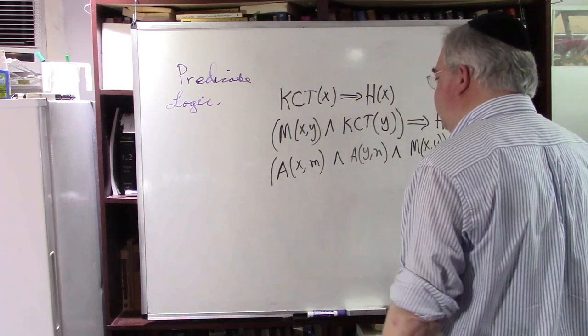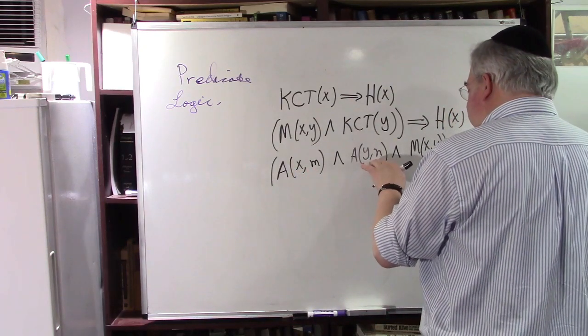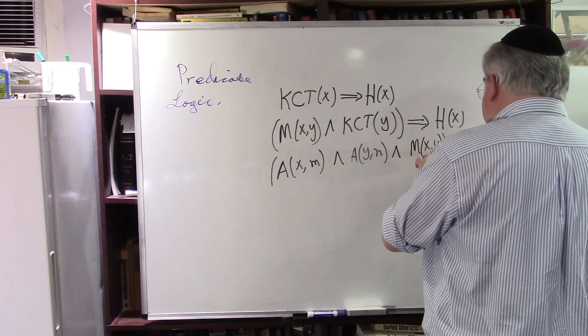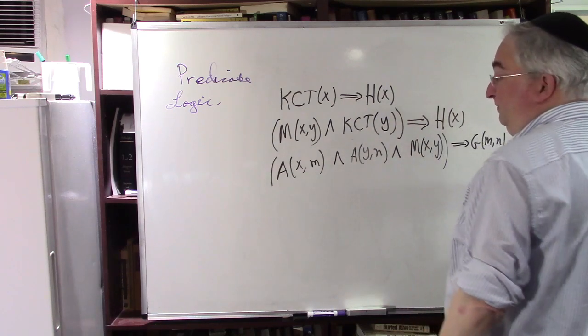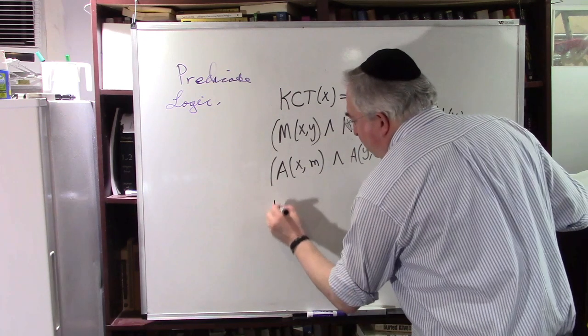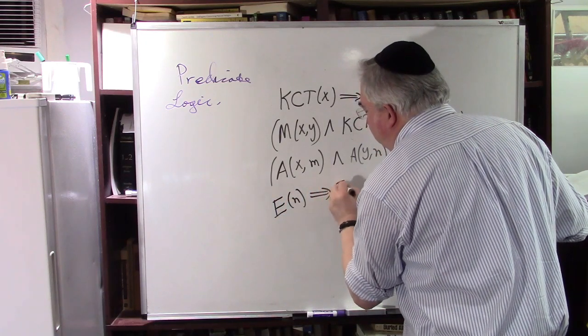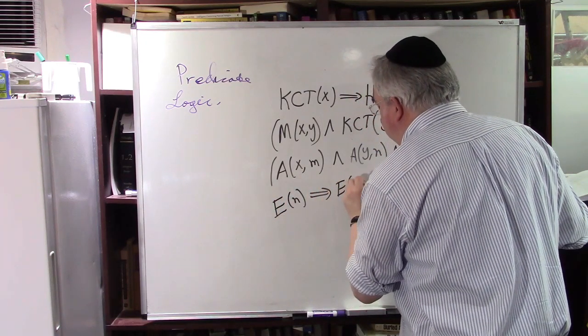Let's just make sure that you got this right. X is m years old, y is n years old, and x is y's mother. That means m is greater than n. Okay. One more example. If E of n implies E of n plus 1.